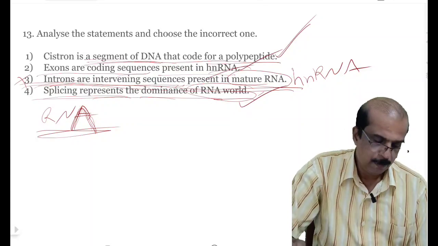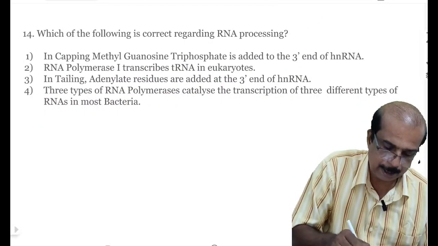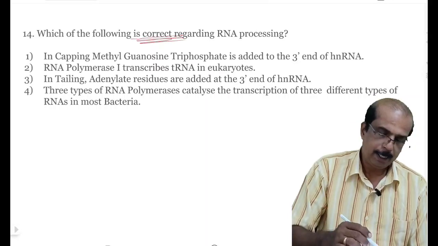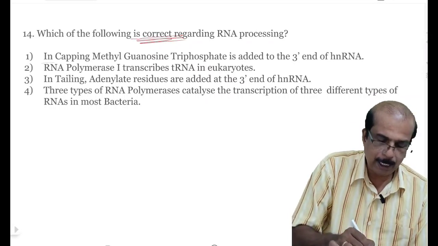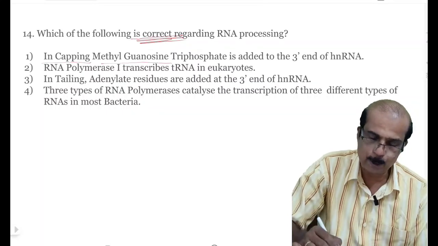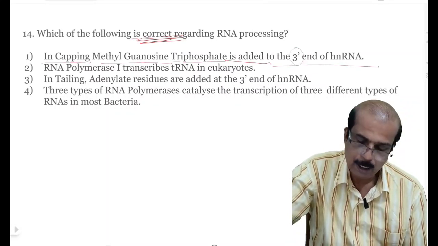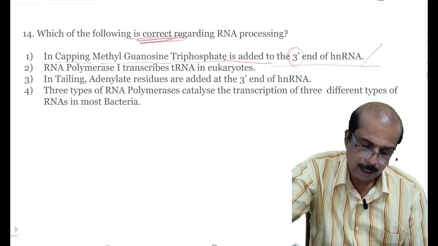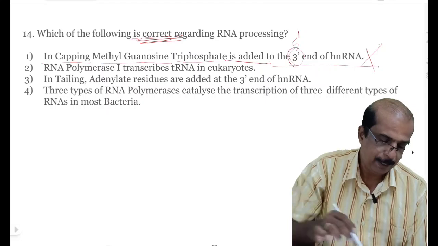Next question. Which of the following is correct regarding RNA processing? Let us see option 1. In capping, methyl guanosine triphosphate is added to the 3' end of hnRNA. It is a wrong statement. Capping takes place at the 5' end of hnRNA.